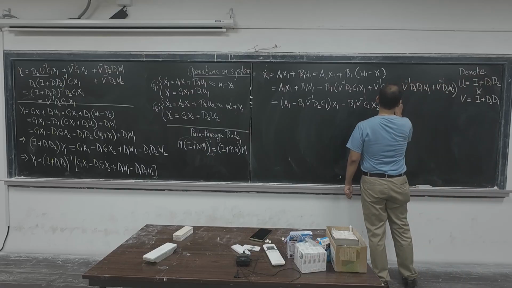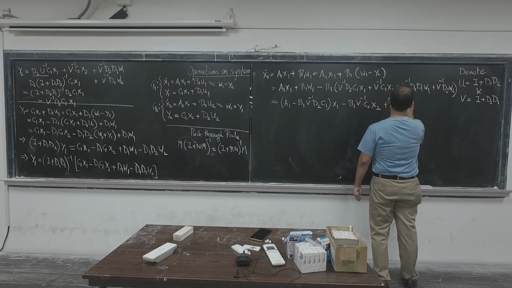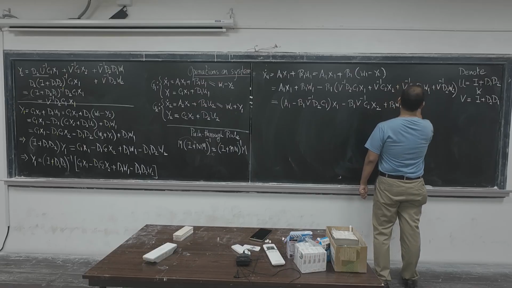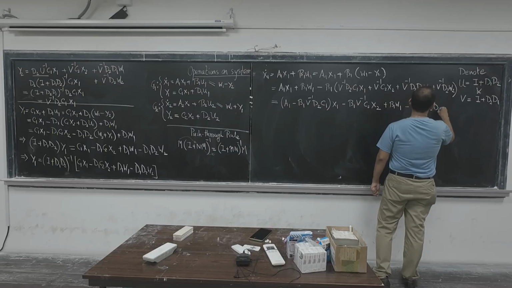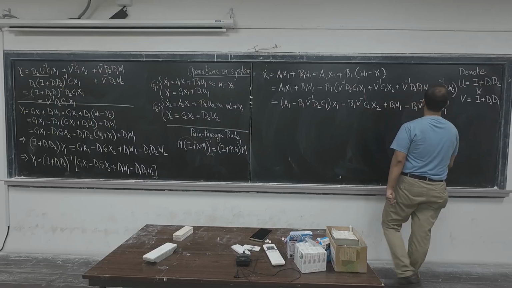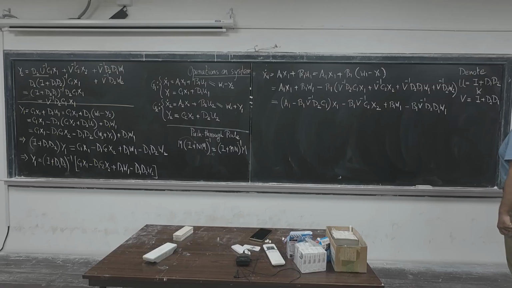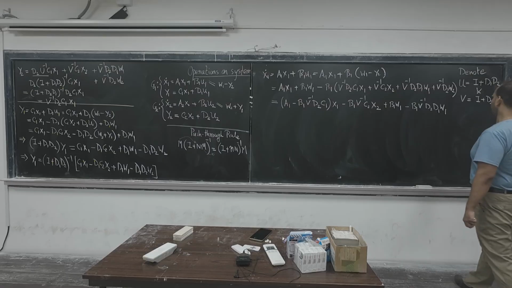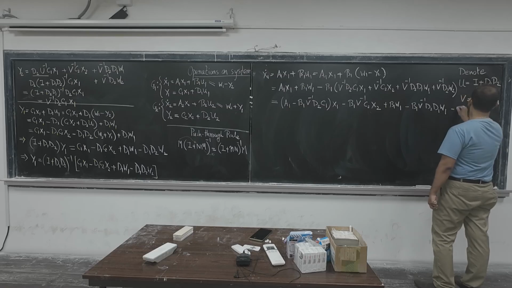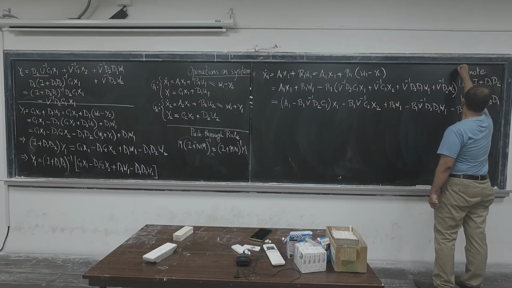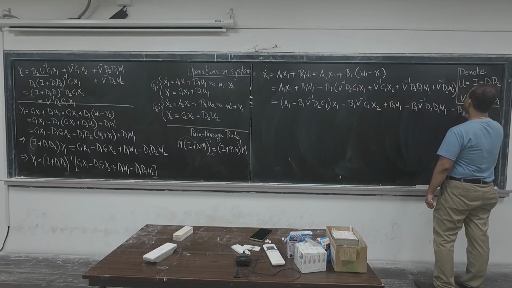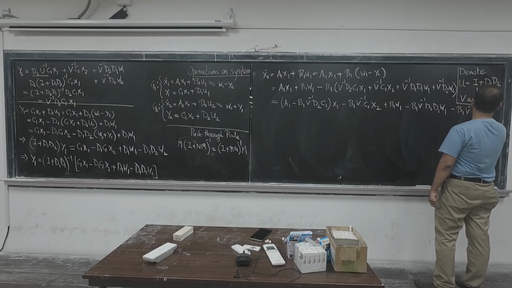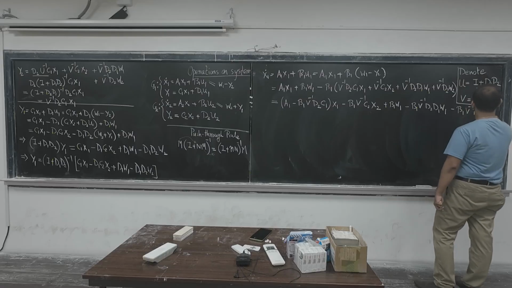So the w1 term is b1 w1 minus b1 v inverse d2 d1 w1. How many w2 terms? Only one, that is minus b1 v inverse d2 w2.